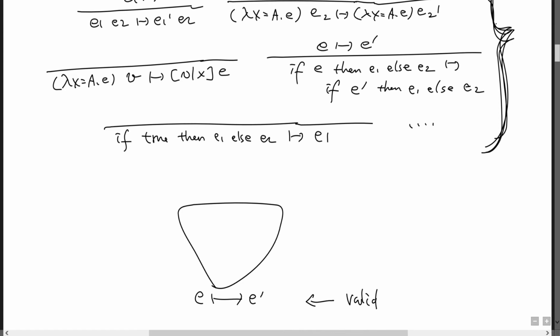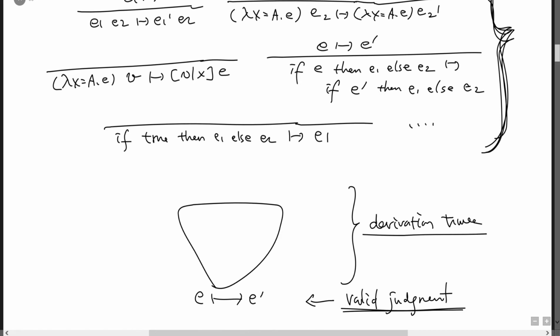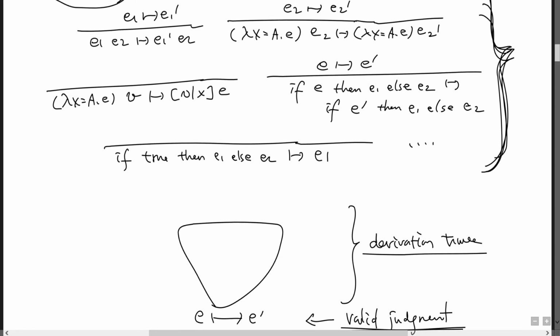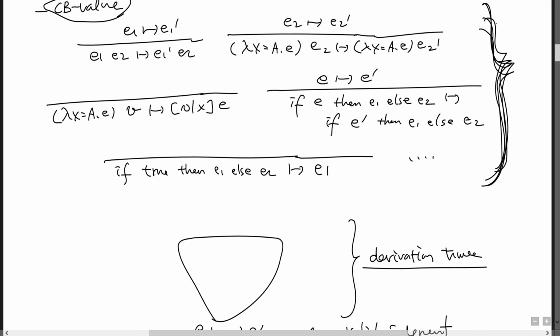It's just a judgment. So this is a valid judgment. And if there is a proof for this valid judgment, then we should have a derivation tree where we compose applications of these reduction rules.